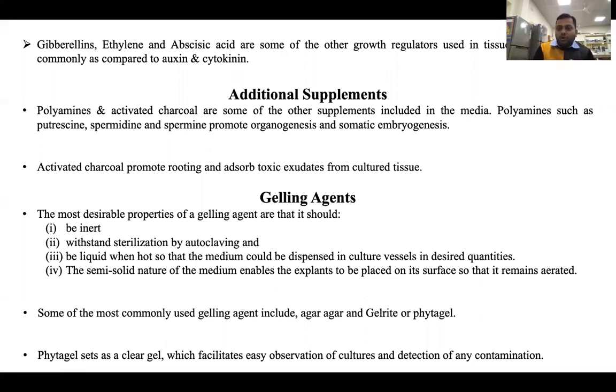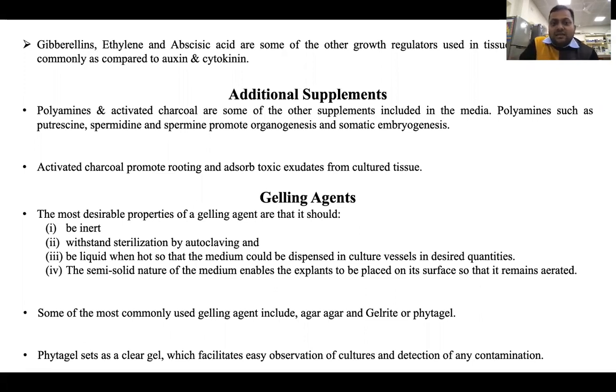We don't do it normally, but if you try a couple of times and you see no shoot coming up, or you don't see embryogenesis happening, then we try to optimize the media, and we add some particular concentration of polyamine to see if that makes a difference.